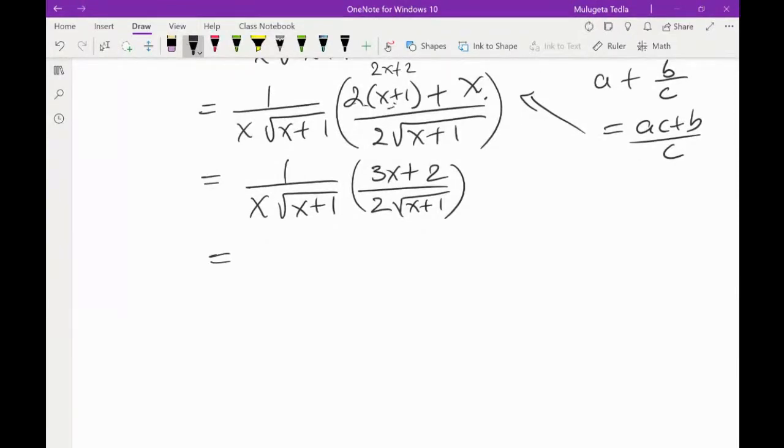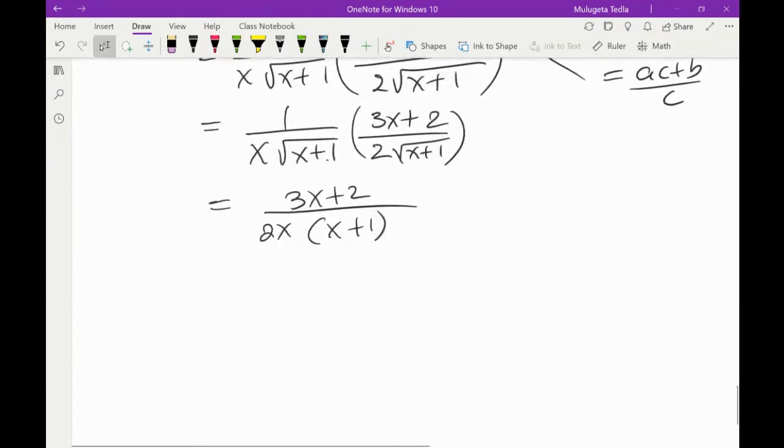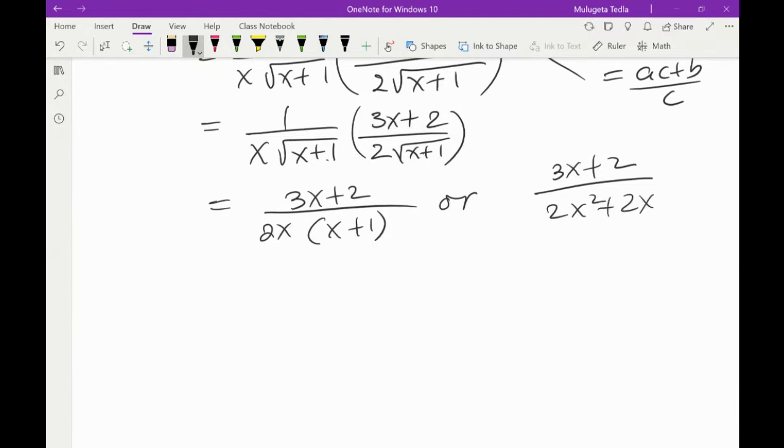And then this is simply 3x plus 2 over x, 2 survived there. Root x plus 1 times root x plus 1 is just x plus 1. You can leave it like that, or 3x plus 2 over 2x squared plus 2x would be the answer, or you can factor the 2 out. I don't know.